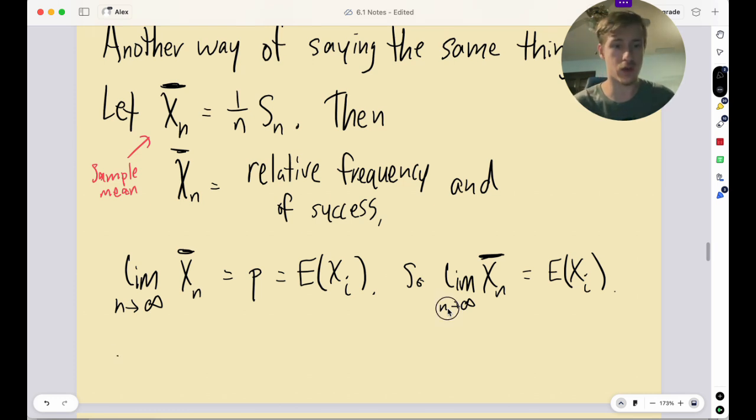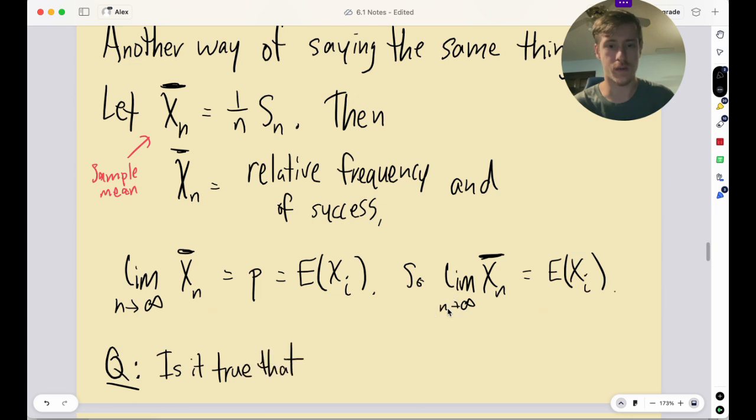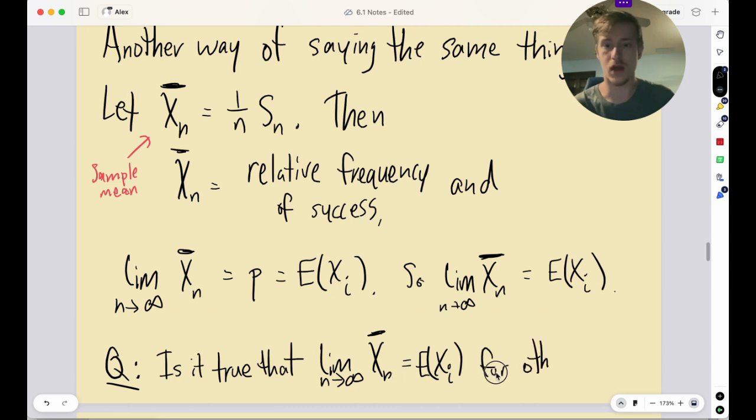So the question that we want to ask ourselves is, is it true that the limit as n approaches infinity of the sample mean right here is equal to the expected value of the random variables for other distributions?